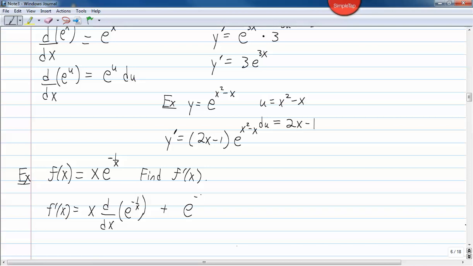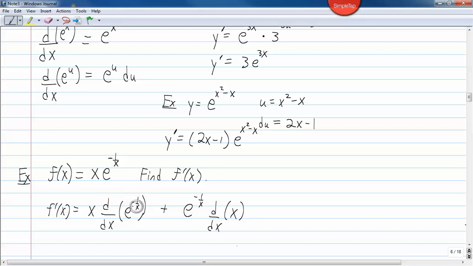Plus the second term times the derivative of the first term. That's the product rule for derivatives. I think that's covered maybe in about section 1.5 or around there, somewhere in chapter 1, or maybe the beginning of chapter 2. That sounds better.